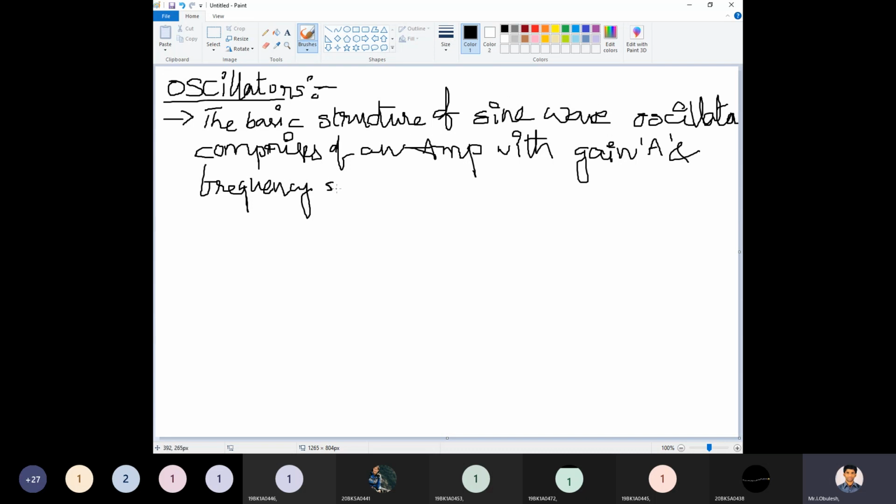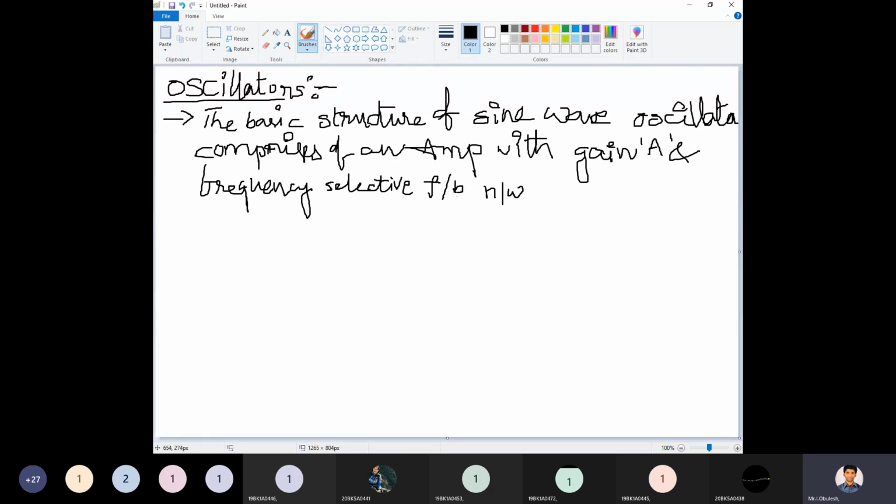Frequency selective feedback network. I am writing feedback like F by B, and network like N by W, but you need to write clearly.